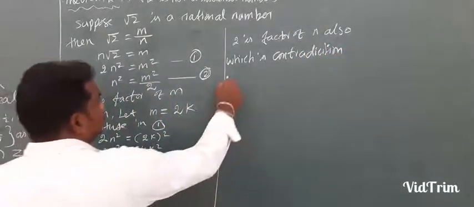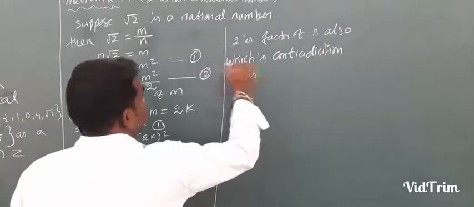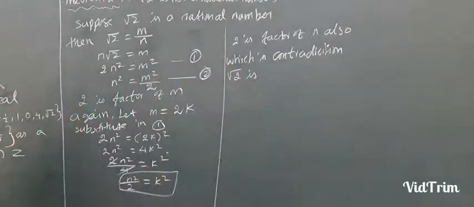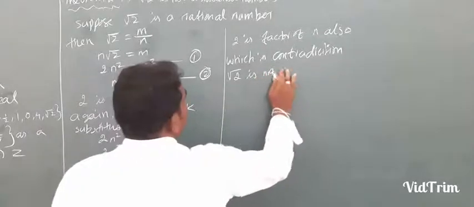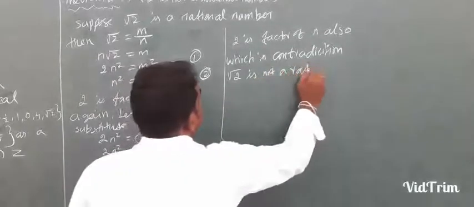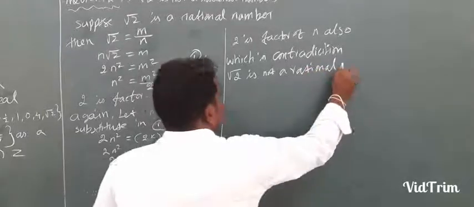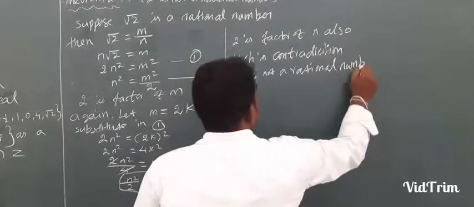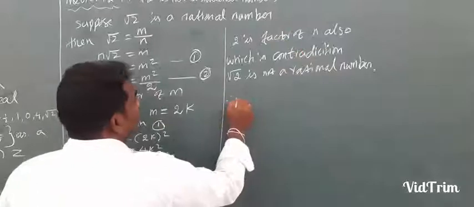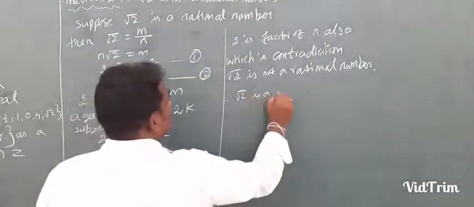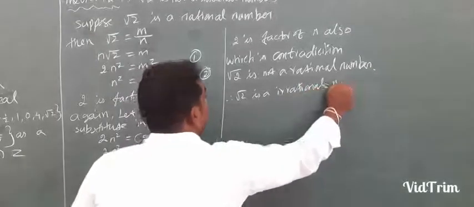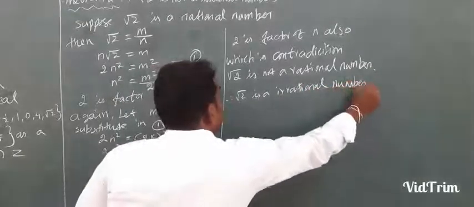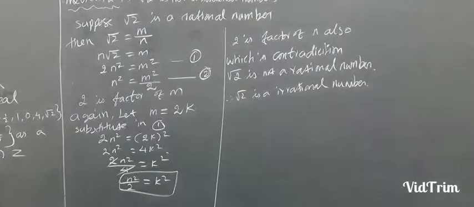Therefore, root 2, what I am trying to say, is not a rational number, which means root 2 is an irrational number. The theorem is proved. I hope you understand.